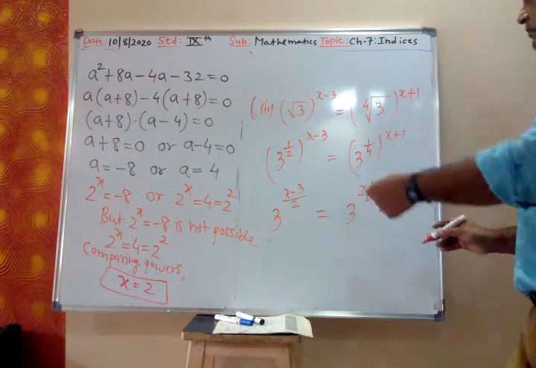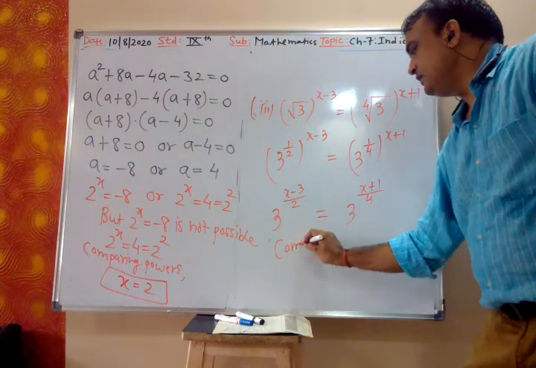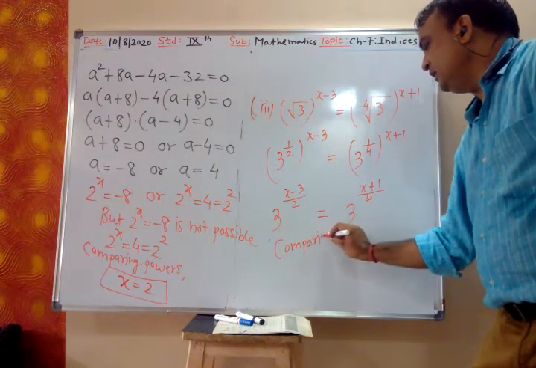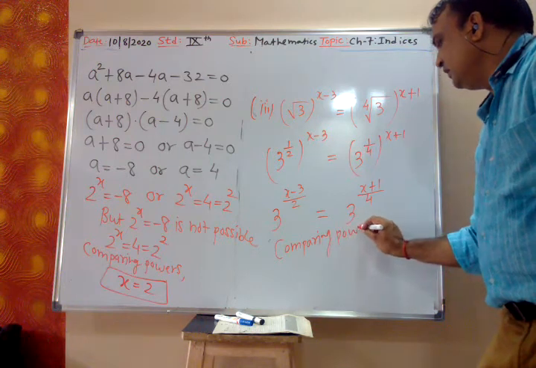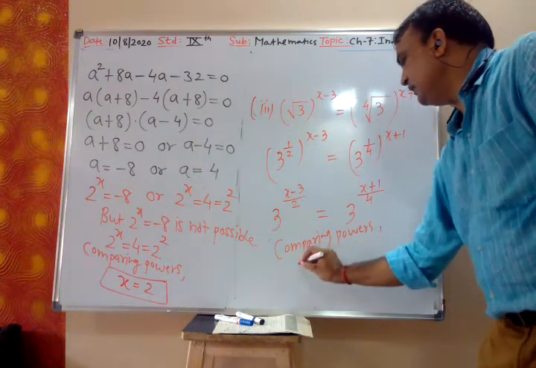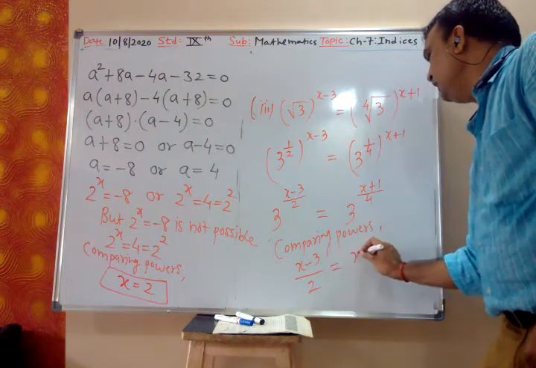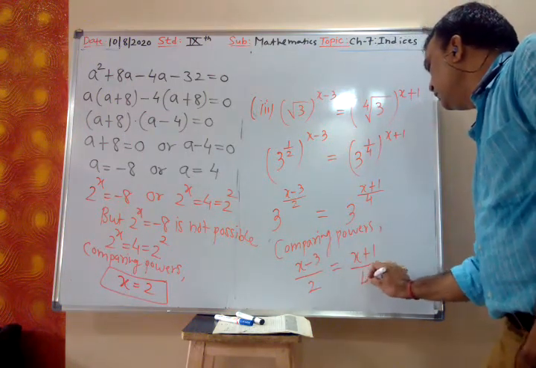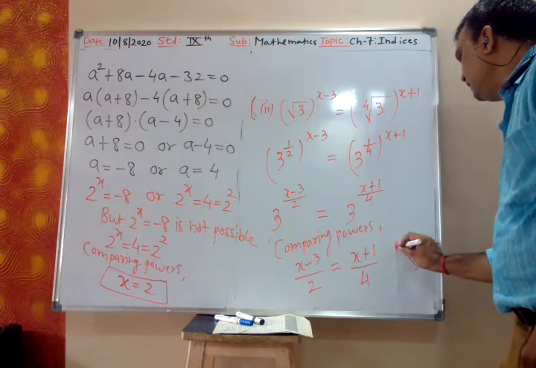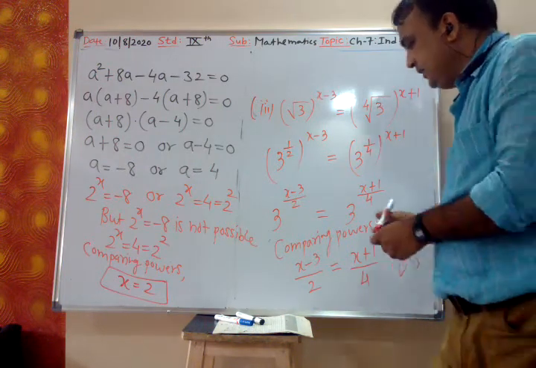Now the base is the same. So comparing powers, you will get x minus 3 upon 2 is equal to x plus 1 upon 4. Now cross multiply and simplify.